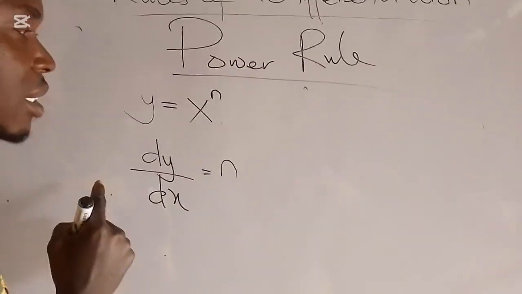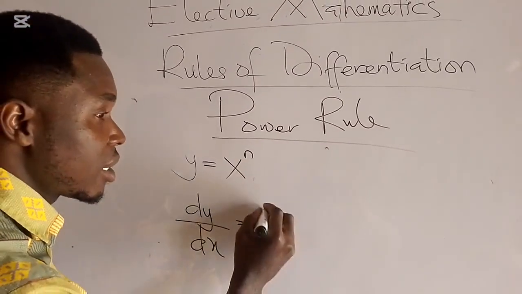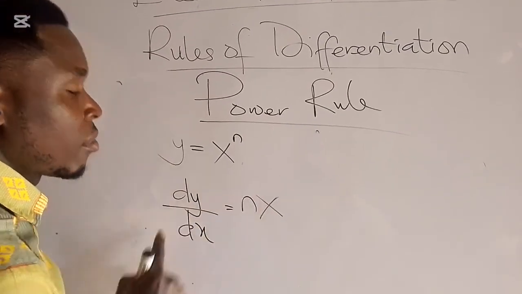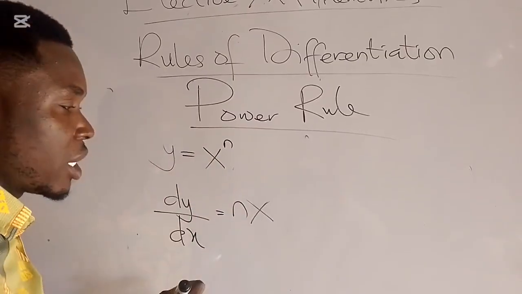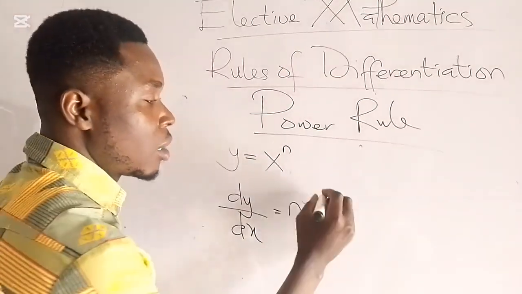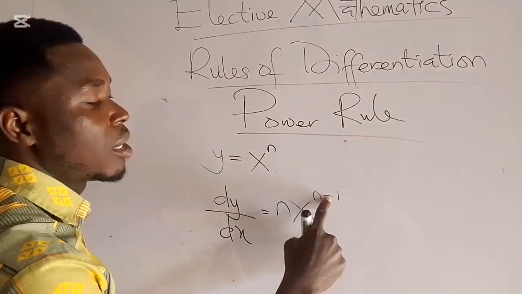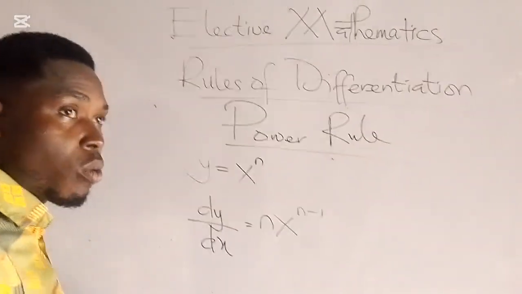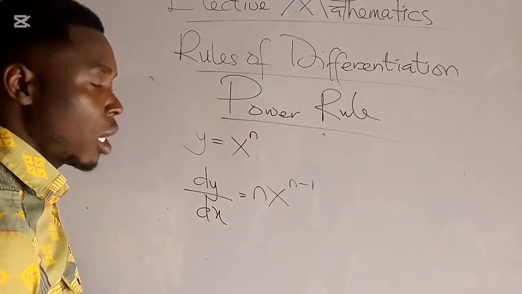So we drop the n, then we repeat the x, meaning that the n is now multiplying the x. Then we subtract 1 from the exponent. Here we know that the exponent is n, so subtract 1 from the exponent, it is n minus 1. So this is what it means to differentiate using the power rule.